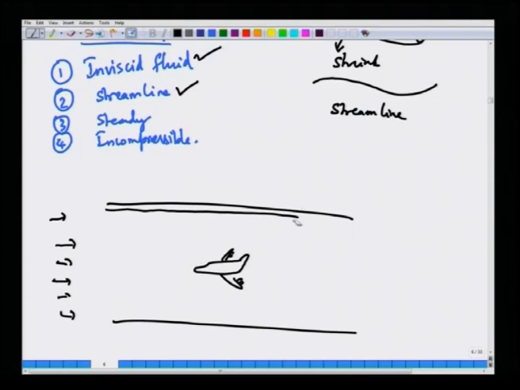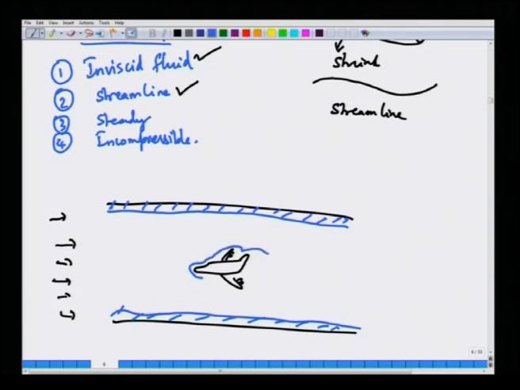We will see later that viscous effects will become important. This is called a boundary layer. So wherever I am patching with blue, the Bernoulli equation is not valid. Very close to the airplane surface as well, there will be viscous effects that are very important.